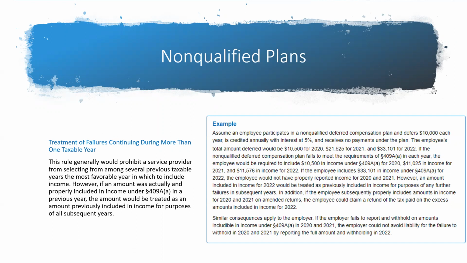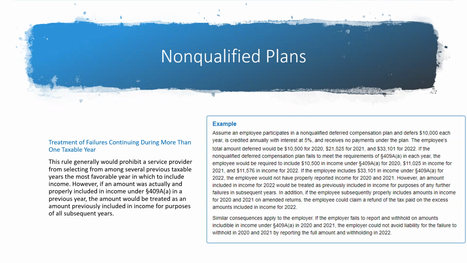Non-qualified plans continued. The treatment of failures continuing during more than one taxable year. So with these plan failures, each of the employee's taxable years must be analyzed independently to determine if amounts were includable in income.